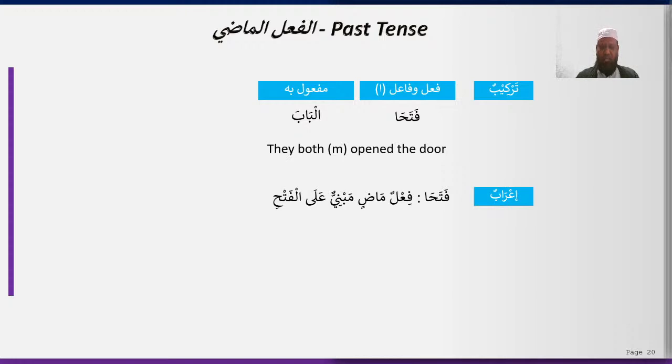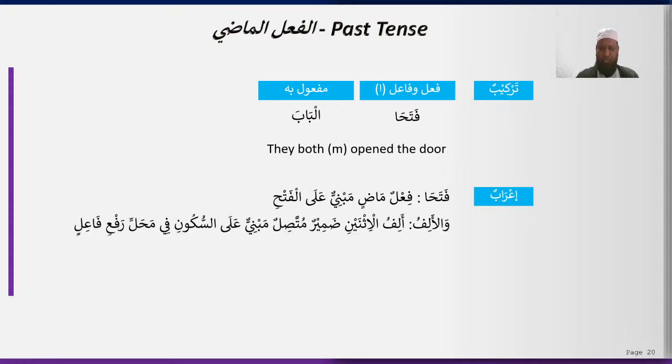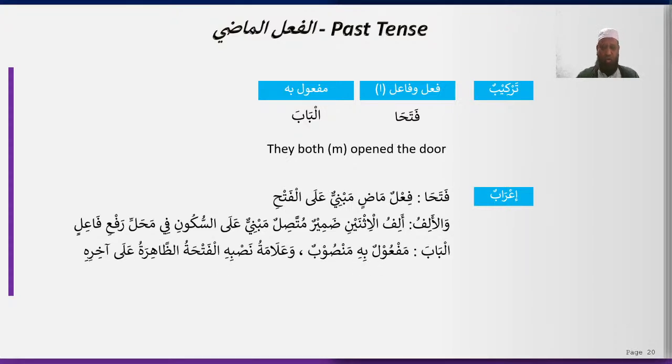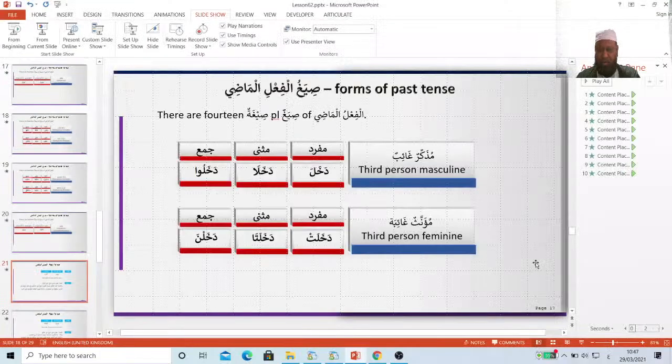If you look at the Arabic, فتحا فعل ماض مبني على الفتح والألف ألف الاثنين ضمير متصل مبني على الفتح في محل رفع فاعل، and the الباب مفعول به منصوب وعلامة نصب الفتحة الظاهرة على آخره.